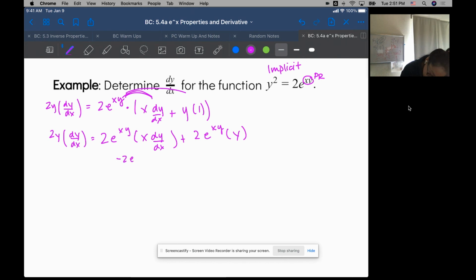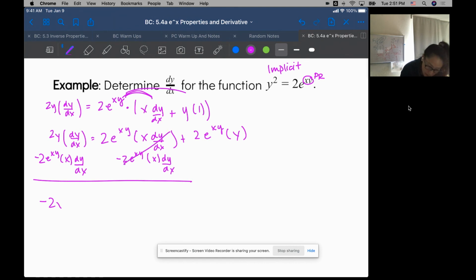So we're going to subtract 2e to the xy times x dy dx from both sides. So I get 2y dy dx minus, I'm just going to make this look nicer, 2x e to the xy dy dx is equal to 2y e to the xy.